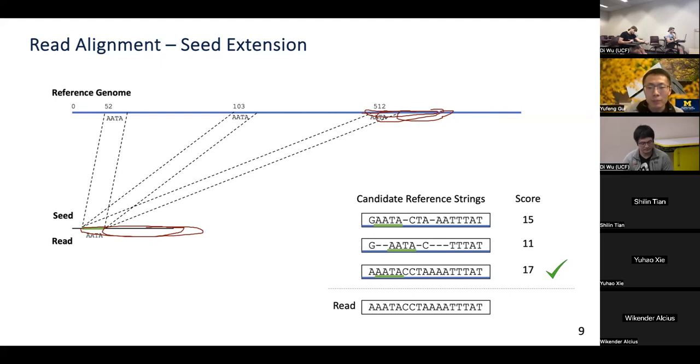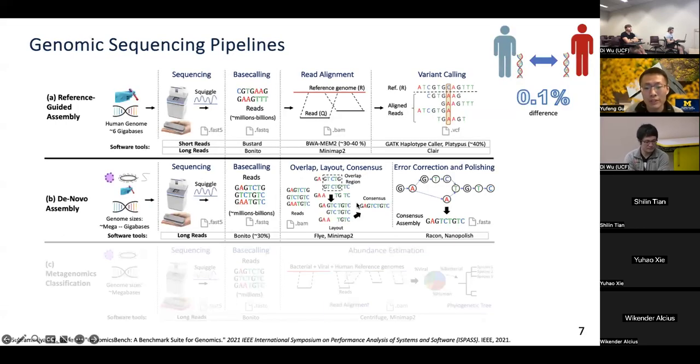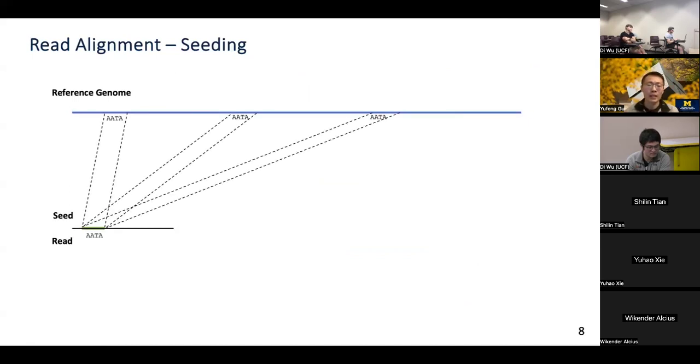Yeah, sorry, let me clarify that. The last consensus is used in de novo assembly to build the reference. So there consensus is a necessary step. But here it's possible that we couldn't find the exact or perfect match, and the concept is not necessary, because it would introduce a lot of computational difficulty.